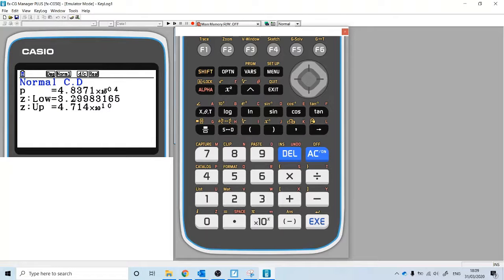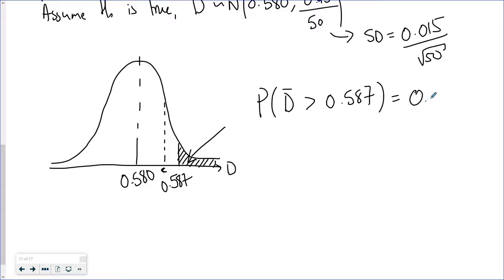So we get that probability is this probability here. So that's 0.048%. So we've got to work out, are we in the right 0.5% of the distribution? Because if we are, then we're going to say that the d bar that we saw is big enough to suggest that we're in the critical region.